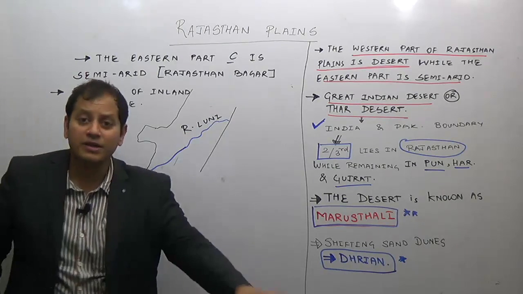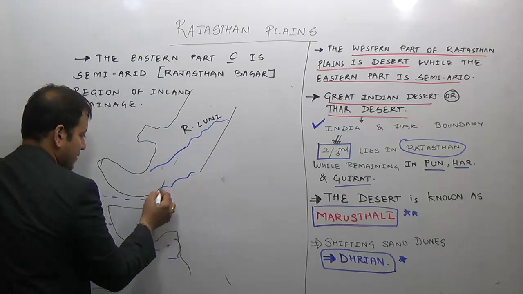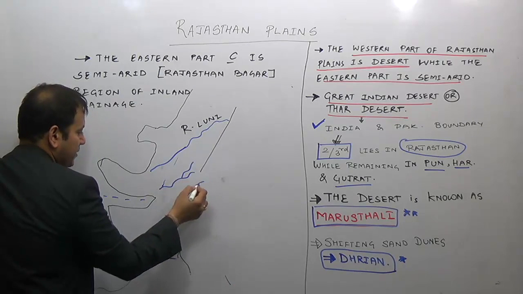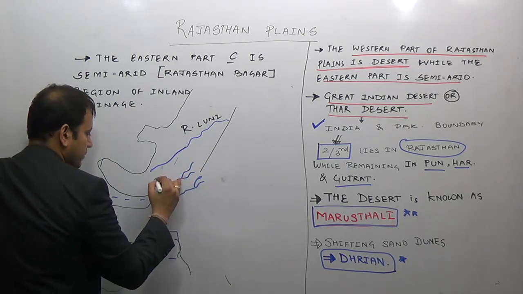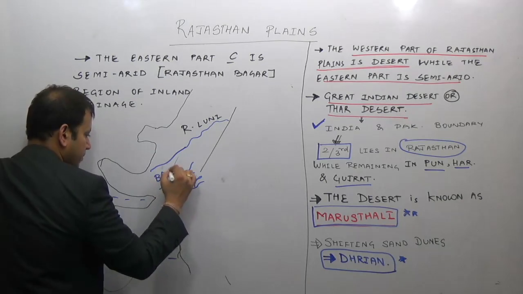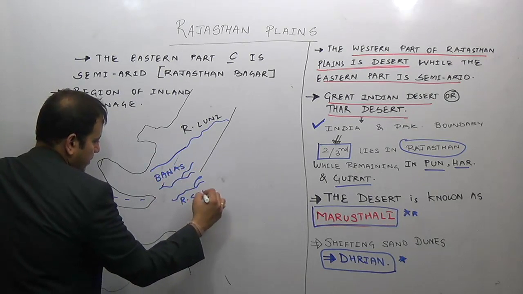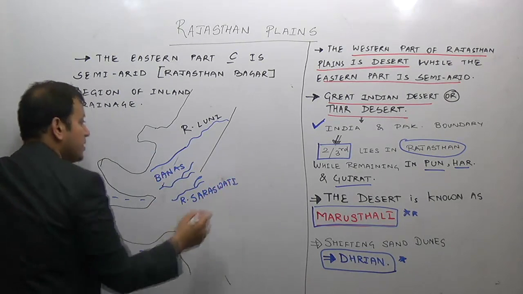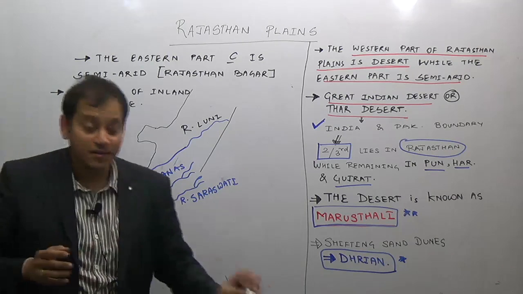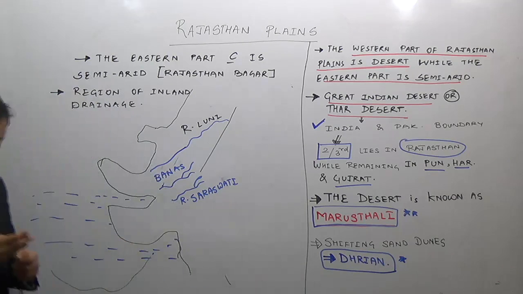The other important rivers here are river Banas and river Saraswati. River Luni, river Banas and river Saraswati.